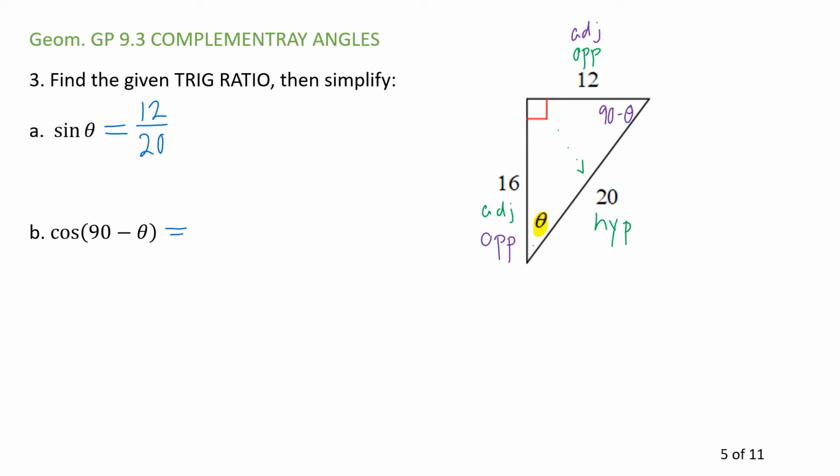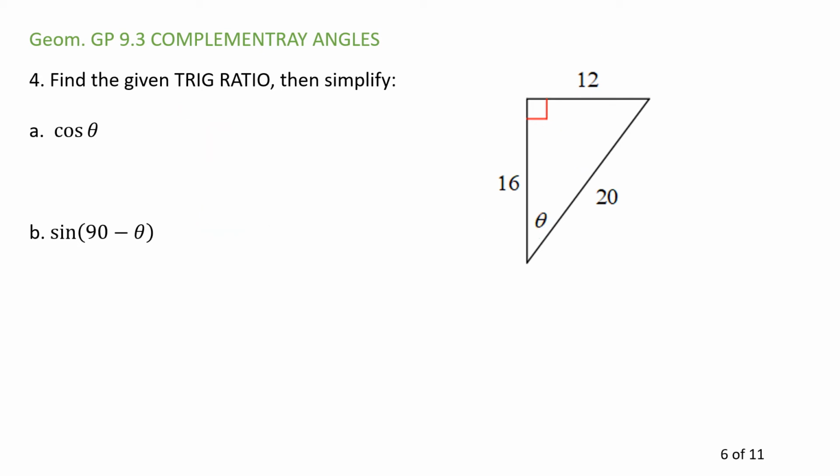So if you want the cosine of this purple angle, it's adjacent, which is 12, over the hypotenuse, which is 20. It's not a coincidence that they're the same because they use the same information. And if you're interested in the decimal, to me it is not very useful because I want to see opposite over adjacent, opposite over hypotenuse, adjacent over hypotenuse. So complementary angles use the same numbers.